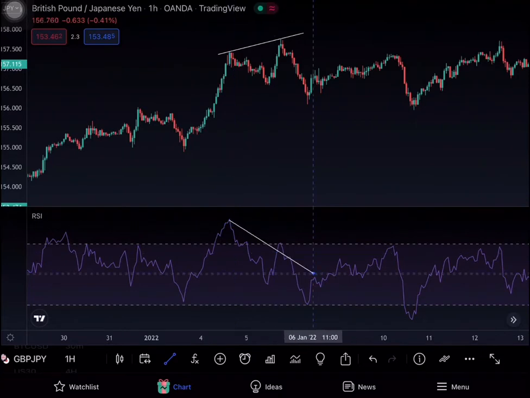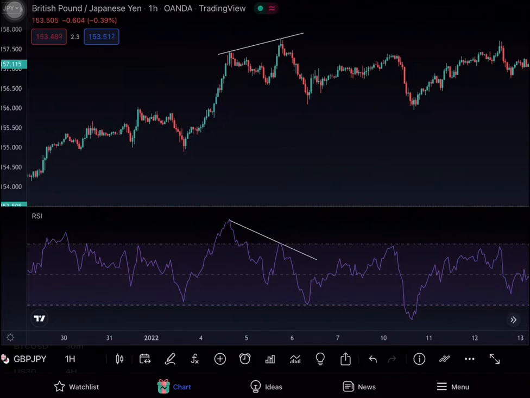We see the second high is lower than the first. How can I understand the divergence? Listen to me. We only enter at the second high or the second low, okay? Sometimes we see a third high or a third low, actually. But you should know that the divergence is going to tell you that the big wave is coming, like in here.